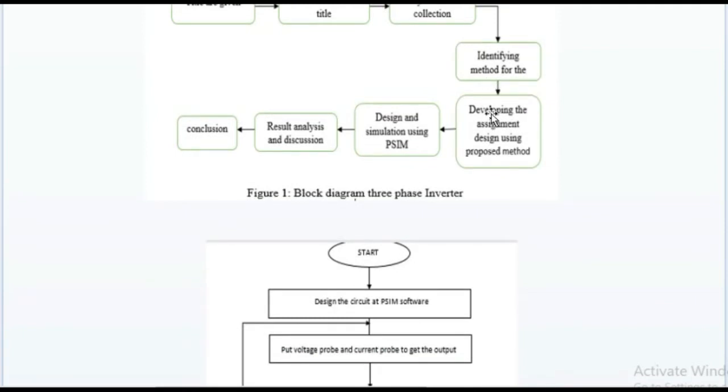Then, we develop the assignment design using the proposed method. After that, we design and simulate using PSIM. After the simulation and design, we conclude based on the result that occurs. So the last one is the conclusion.